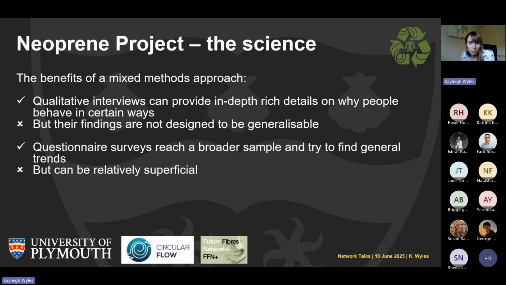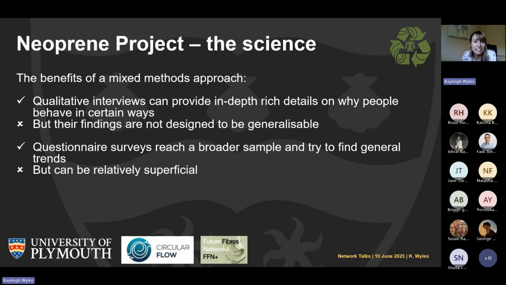So using big questionnaire surveys allows you to get a broader sample. So we're going to have 1,000 people who are nationally representative. So they're representative in terms of age, education, gender, and so on to the UK population. And we can try to unpick those more general trends. But likewise, they're quite superficial.